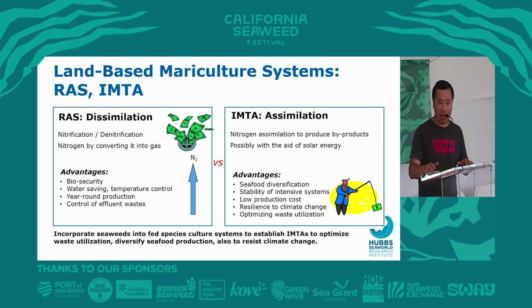But in IMTA systems, the nitrogen is assimilated to produce a byproduct, so the waste can turn into money. So integrating seaweed into fed species culture systems establishes the IMTA system to optimize waste utilization, diversify seafood production, and also resist climate change.